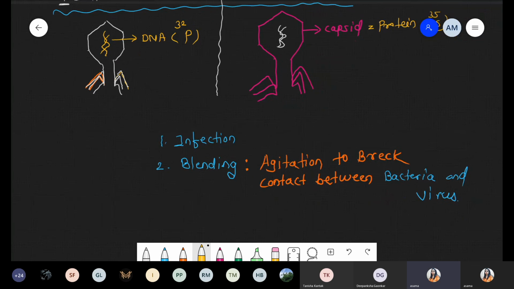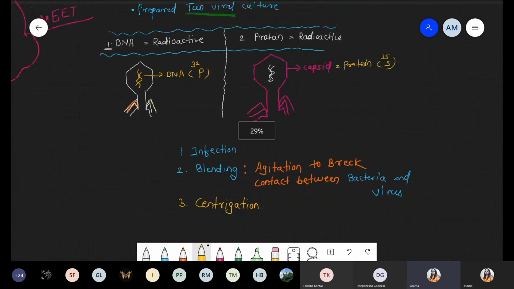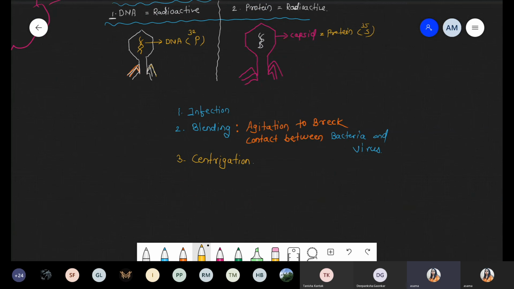I hope you already studied centrifugation in biotechnology. It is one technique where we can separate molecules with the help of an instrument. That is the third step, centrifugation, where we perform separation. These are the basic three steps applicable to both the DNA radioactive and the protein radioactive experiments. Now we obtain the individual results.